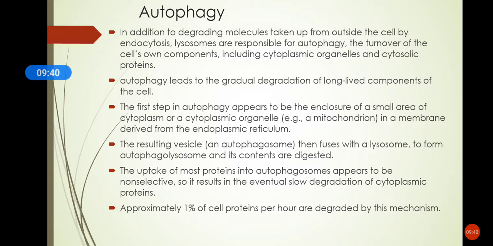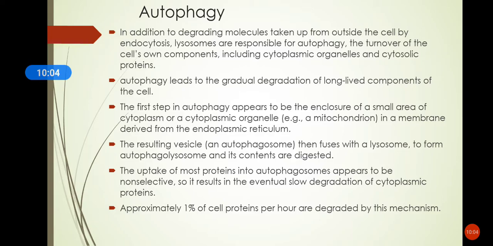In the first step of autophagy, whichever cytoplasmic organelle or area of cytoplasm we want to degrade is enclosed by a membrane derived from the endoplasmic reticulum. For example, if we are going to degrade mitochondria, the mitochondria is enclosed by a membrane made from endoplasmic reticulum.